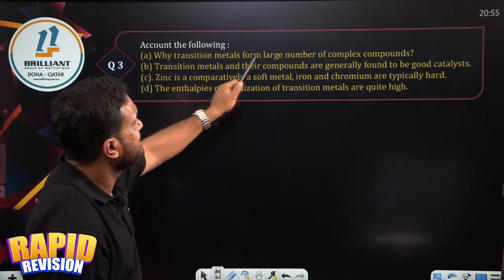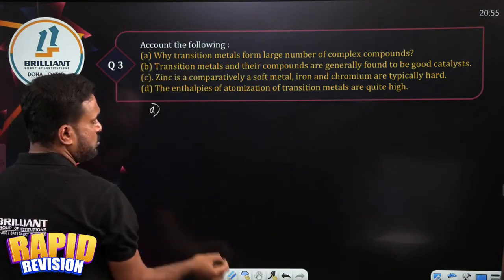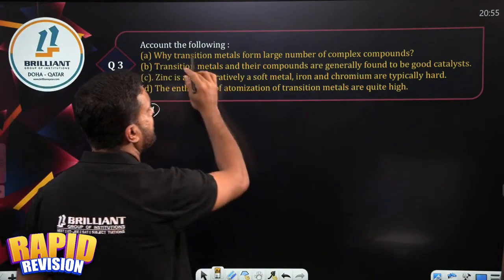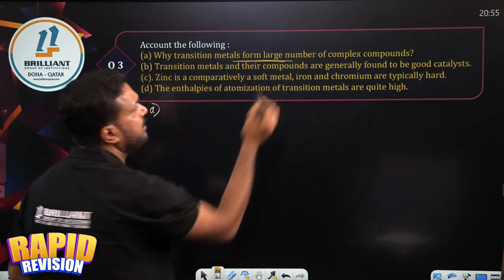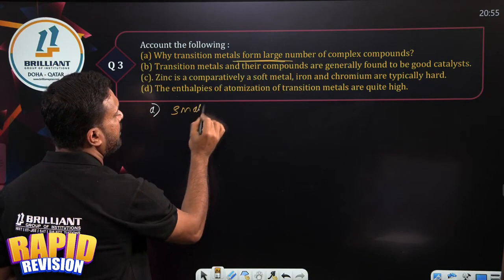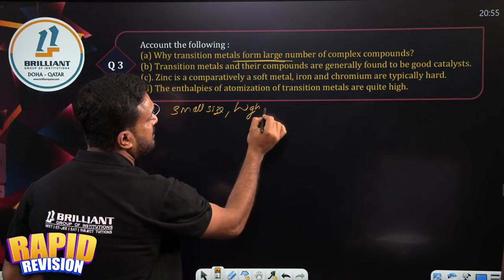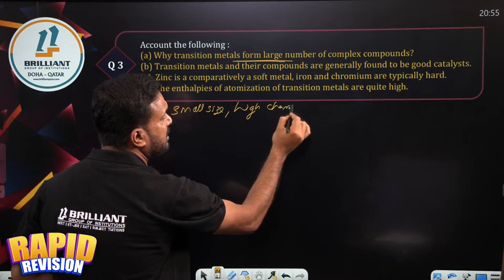Why do transition metals have a large number of complex compounds? Only one point I will write. Why can transition elements form a large number of complex compounds? Due to small size. Transition metals have small size. After that, high charge, meaning high positive charge.